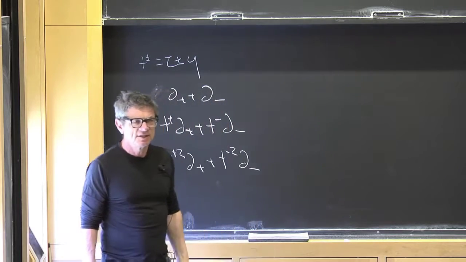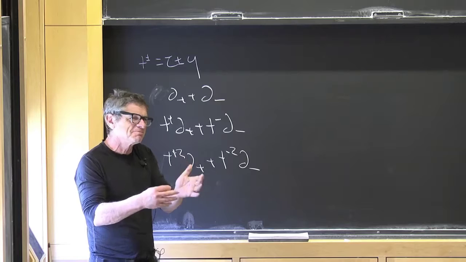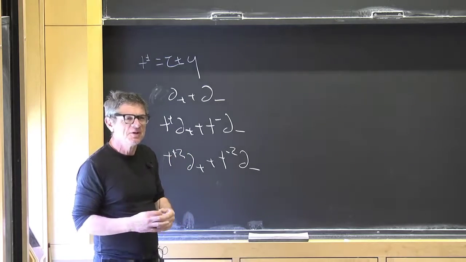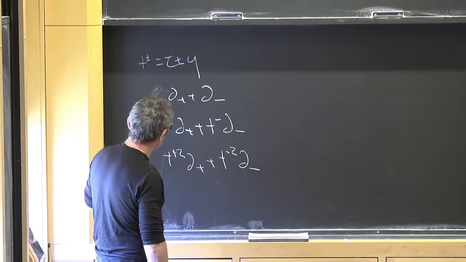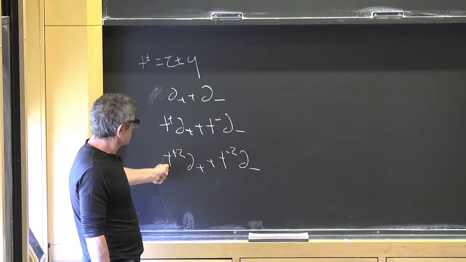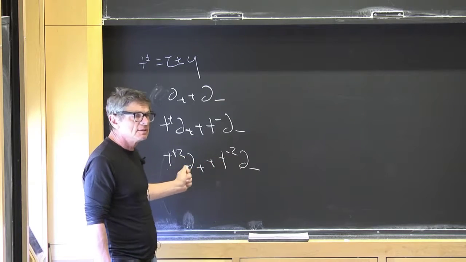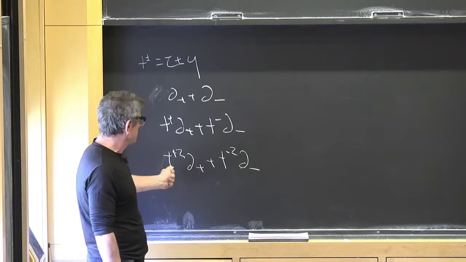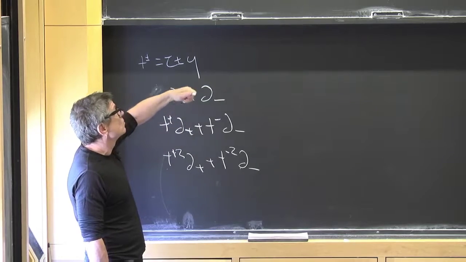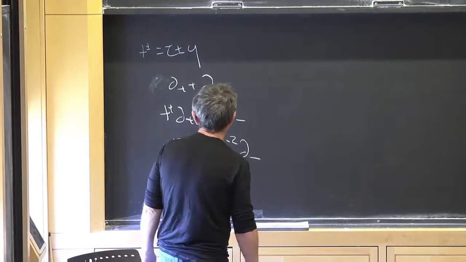And in fact, I guess I'm getting in the habit of giving you little peeks into the future, but actually we'll see, probably not till next semester, that this generalizes to making this an arbitrary function of t plus or t minus, and that you then get a whole Virasoro symmetry that acts on this region.